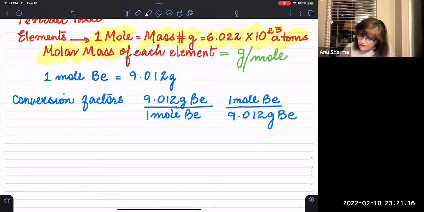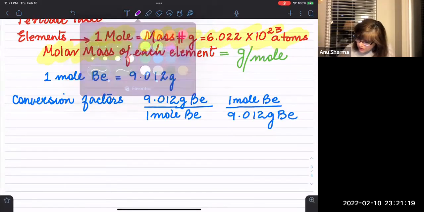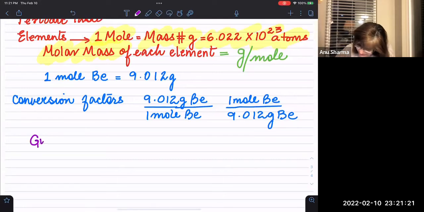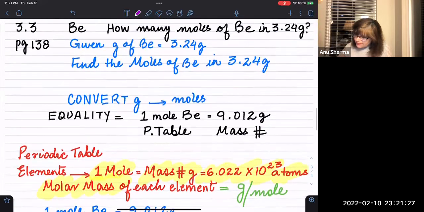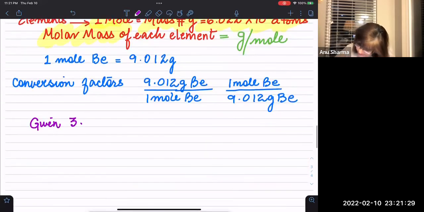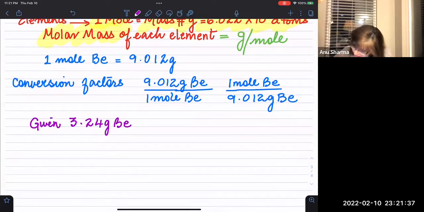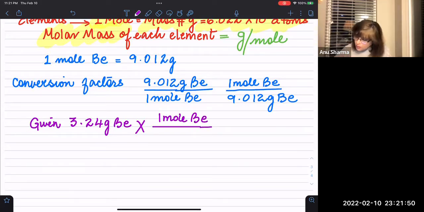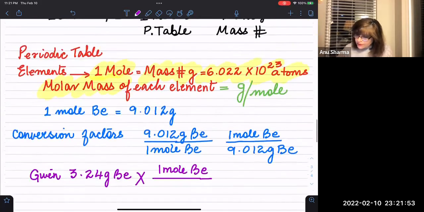So which one are we going to use? Write down your given first: 3.24 grams of beryllium, times 1 mole of beryllium over 9.012 grams of beryllium.